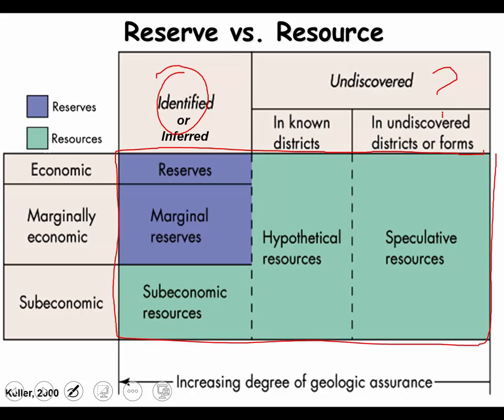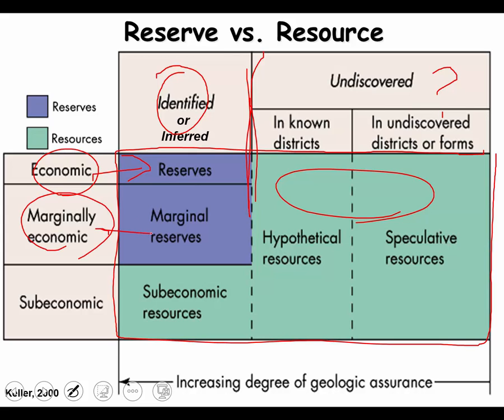Can't produce it today, so there's going to be a distinction between resources over here, both hypothetical or speculative, and reserves. But I not only have to know that it's there, I've got to be able to economically produce it. So is it economic? Well, if it is, it's a reserve. Now, in this particular example, is it marginally economic? Well, okay, it's a marginal reserve. If it's sub-economic, I can't afford it, it's not a reserve, it's a resource.